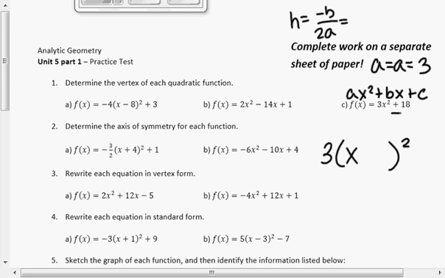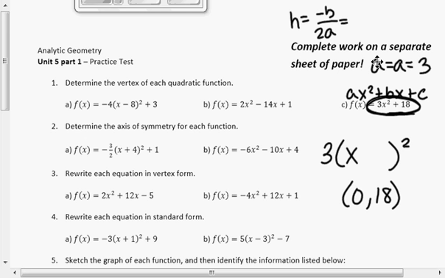Since there is no middle term, that would be the one that's x to the first power, b would be 0. So this is our actual vertex form. So then when we do it, it's going to be (0, 18). So you know to stop when there is no b value.